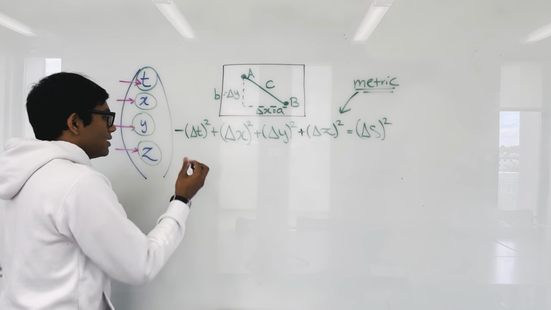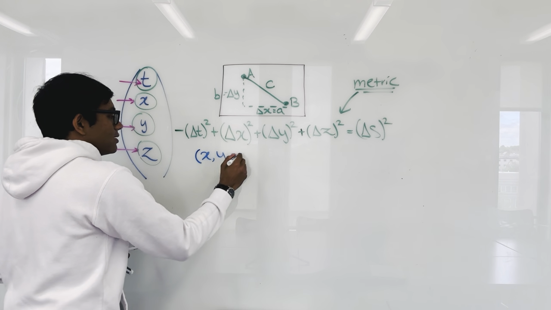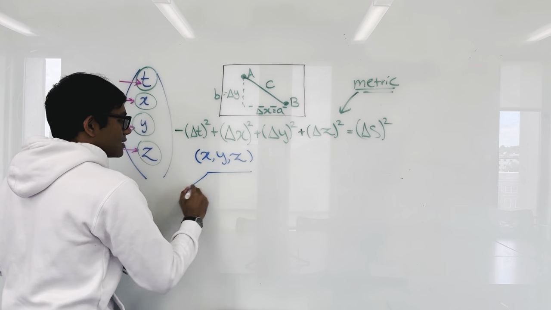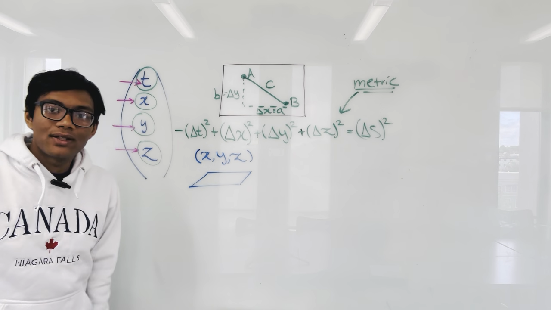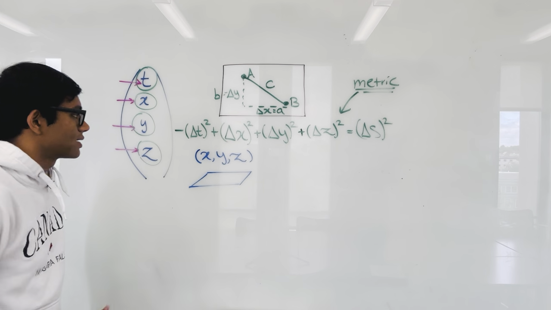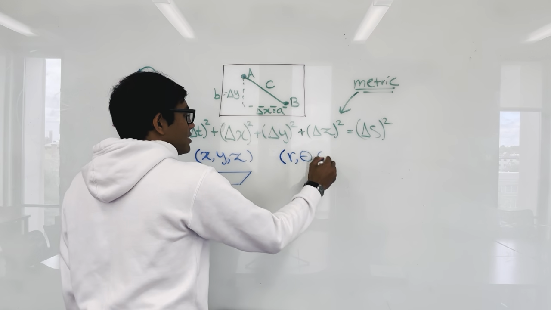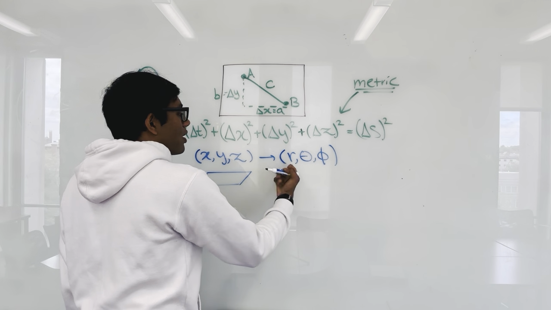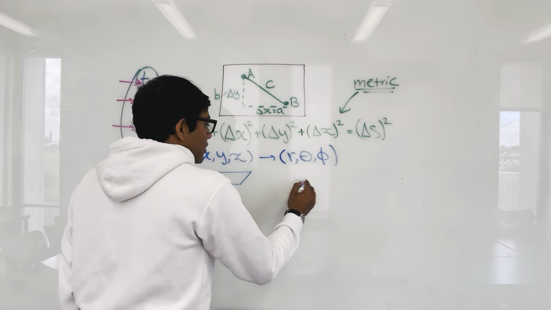Here's what I mean. For something like just a plane, I can use x, y, z coordinates, just flat coordinates. But to describe a sphere, I'm going to need to use something called r, theta, phi coordinates. And I'm going to explain what that means.